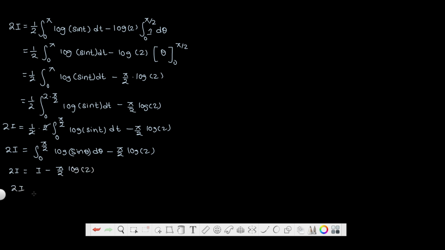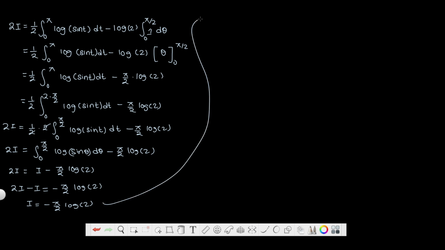2I, this I when it moves to here we get minus I equals minus pi by 2 log 2. 2I minus I, we get I equals minus pi by 2 log 2. Let's move here. We have I equals pi by 2 log.